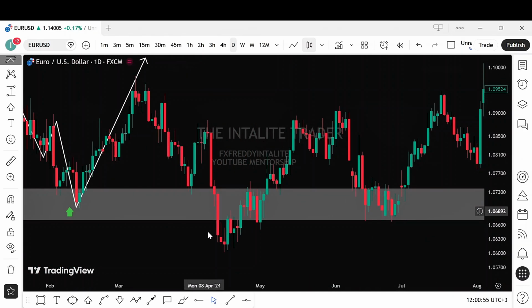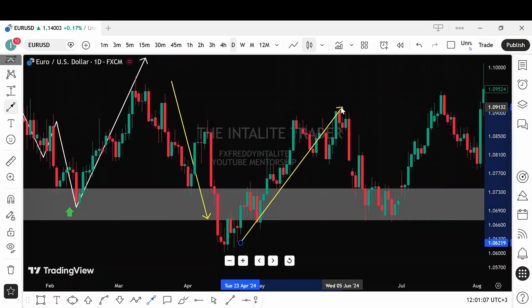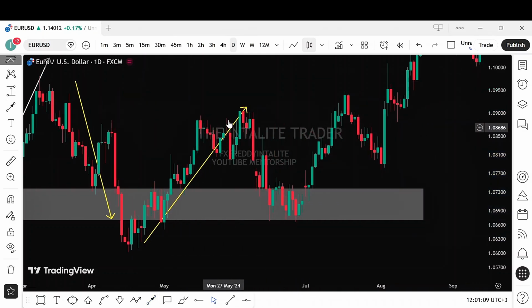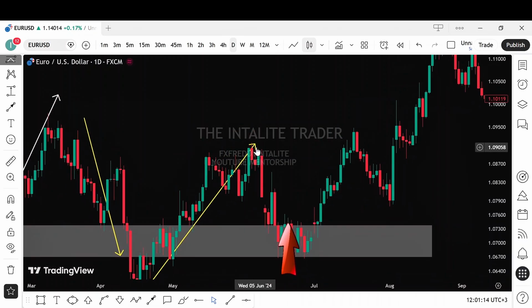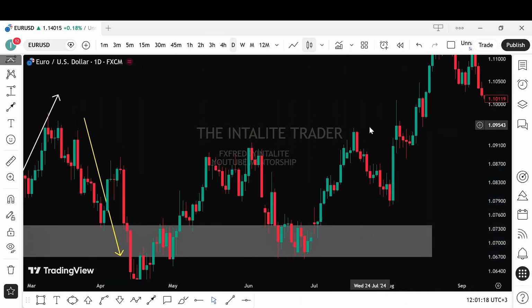Each time price comes into this level, it trades away. Price came again into this same level, and you have price trading away drastically. Price came back into this same level, and you see price again trading away from the level.